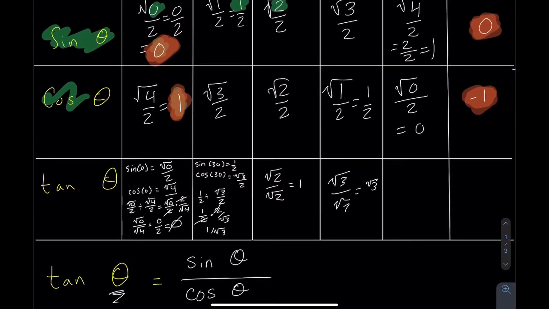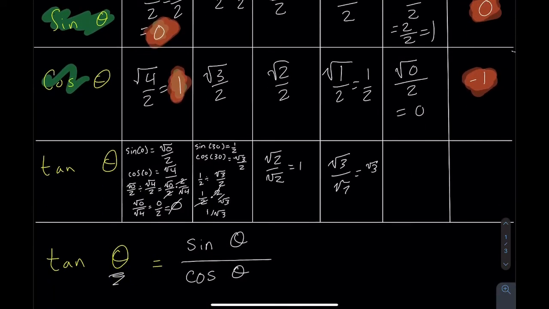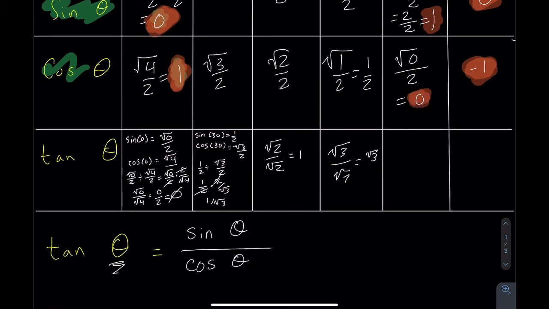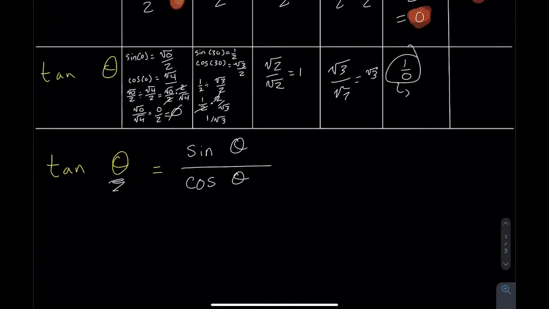And then this one's a little different. At 90 degrees, it's a little special because here, sine of 90 is 1, but cosine of 90 is 0. So what we get is 1 divided by 0, and we know that we can't have that. That's undefined, right? So tan of 90 actually doesn't exist.